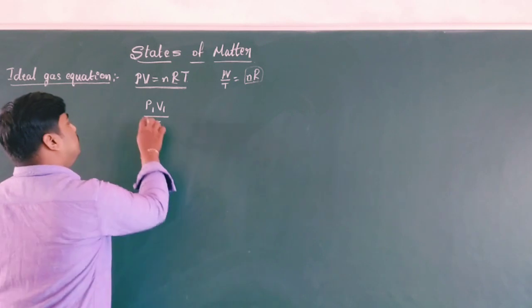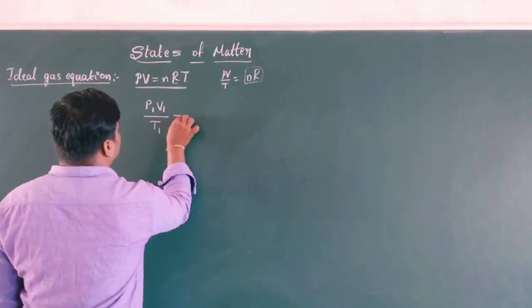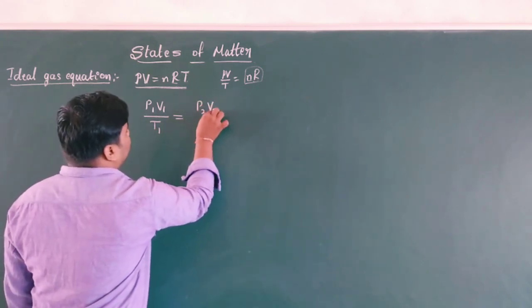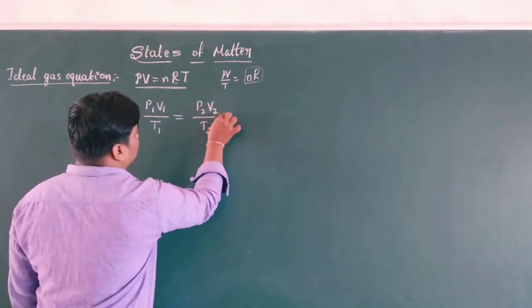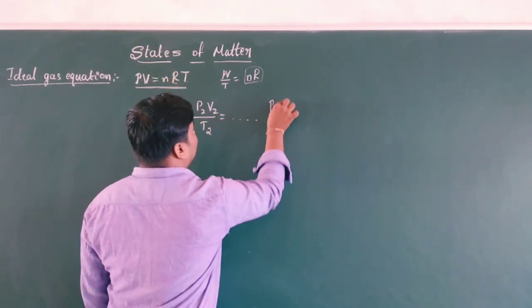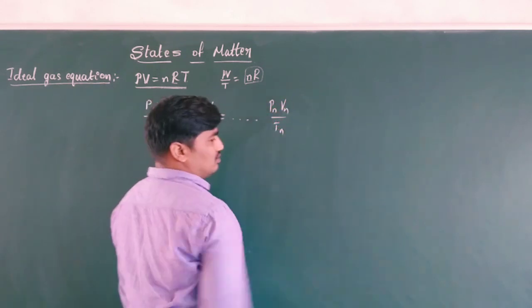Because of that, for two or more systems, P1V1 by T1 is equal to P2V2 by T2, and so on up to PiVi by Ti for the ith gas.